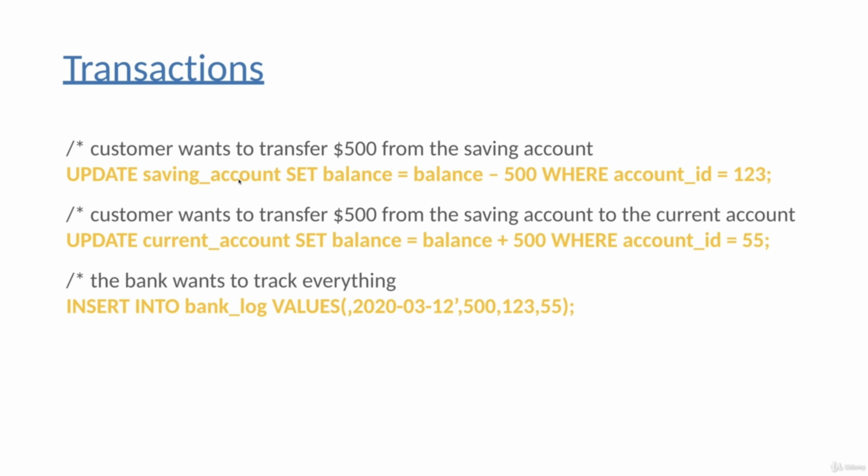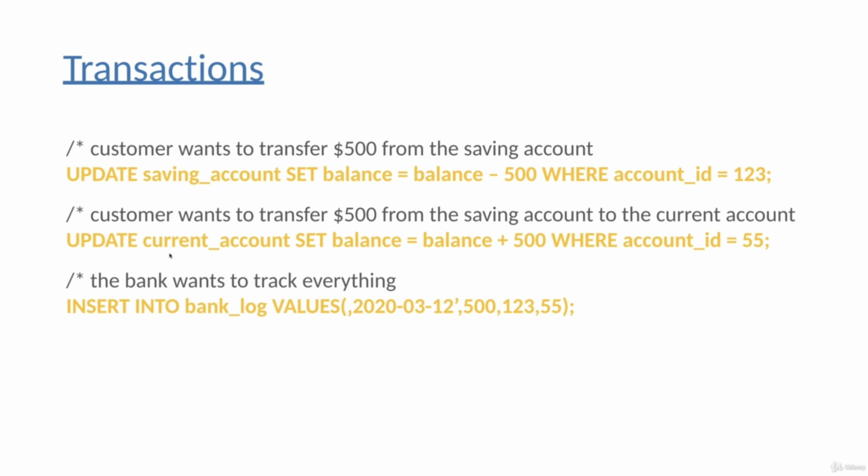We have to update the saving account, set the balance to be equal to the balance minus 500 because the customer wants to transfer $500. So we have to decrement the value of the actual balance where the account ID is 123. So this customer is going to be identified by the primary key with value 123.